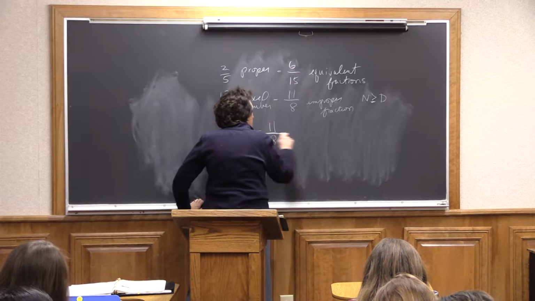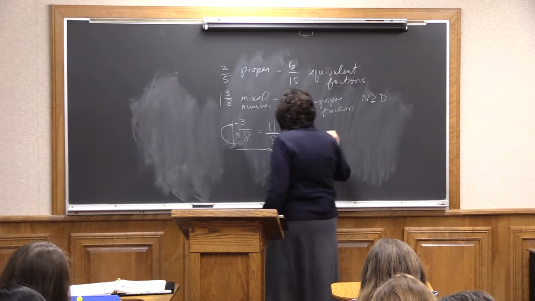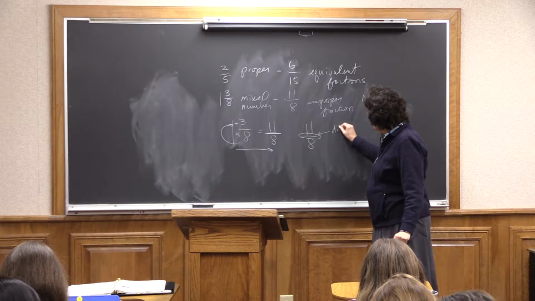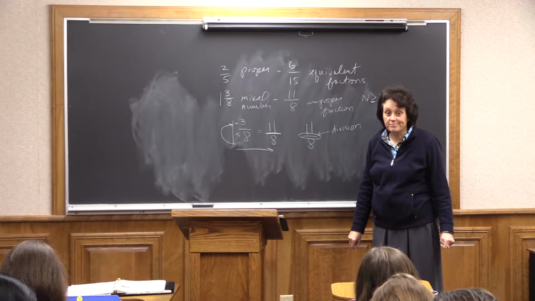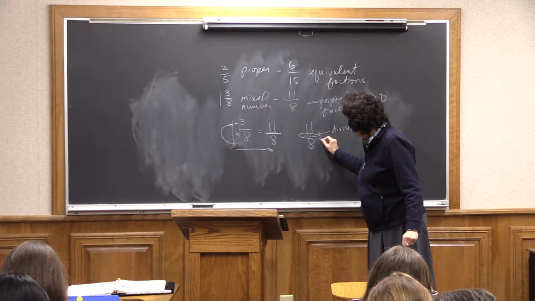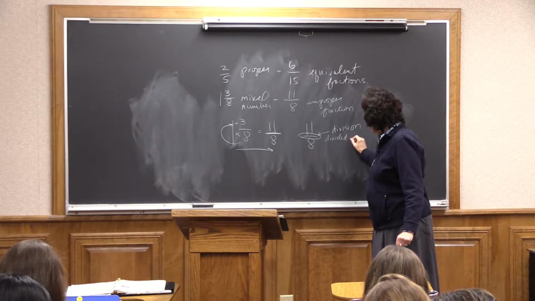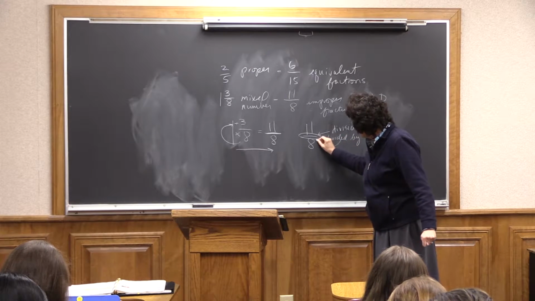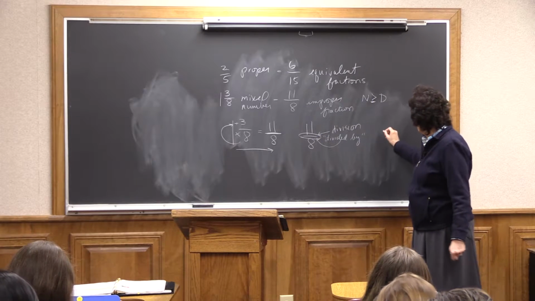So what does this bar mean? If I'm going in reverse, I have to understand what a fraction is. A fraction is a division problem, isn't it? And so I always divide by the denominator, because that fraction bar, when it's read as a division problem, is 11 divided by 8.